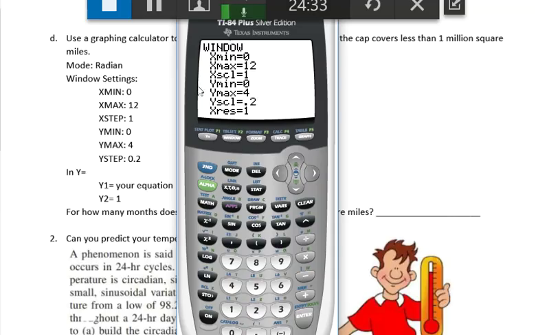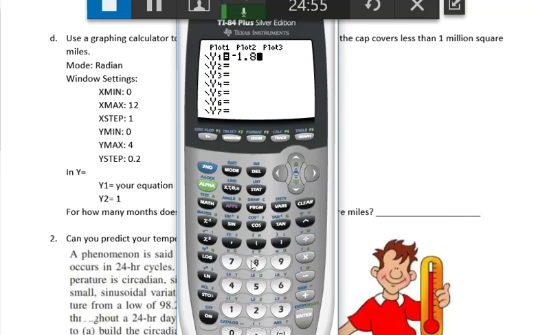Alright, so I just copied that window directly from here, and now I'm going to press Y equals and clear out what's in there. The Y scale was 0.2. Alright, and then you're going to put your equation in the Y1, so negative 1.8 cosine. This time you put the X instead of the 8.